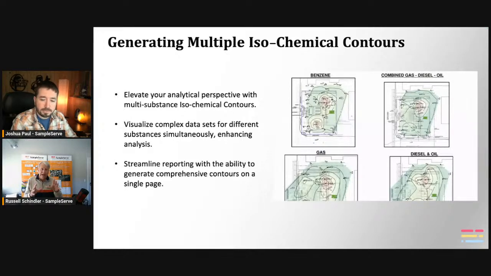But what we're doing now, and this will be rolling out here, it's not active yet, is you'll pick the chemicals that you're interested in doing individual isochemical contours on, and establish the radius. There are always data gaps. You're going to have to say, okay, we know it's 0 up gradient, so we're just going to place some zeros up gradient. Maybe you don't have full sampling data there, but there's always some artistic interpretation of your data.